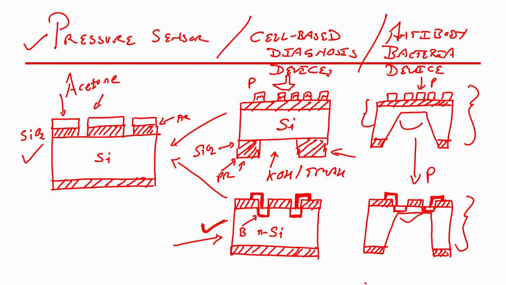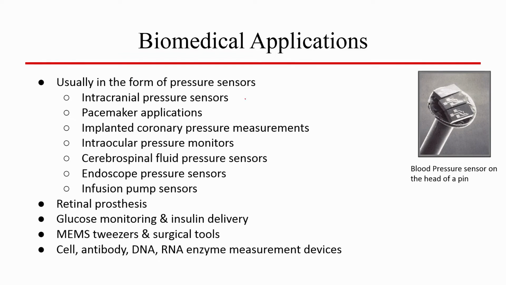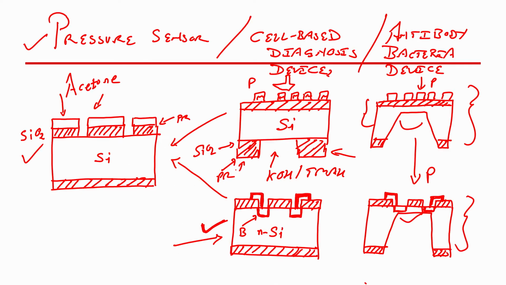This is how the pressure sensor would work, and depending on the application, which is either intracranial or pacemaker or coronary pressure or intraocular pressure, or it is cerebrospinal fluid pressure sensors or endoscope pressure sensors or infusion pump pressure sensors, you need to change the design, but the process would remain same when we are using a photolithography technique. Cool. Now, let us see the second one, which is our cell based screening device.